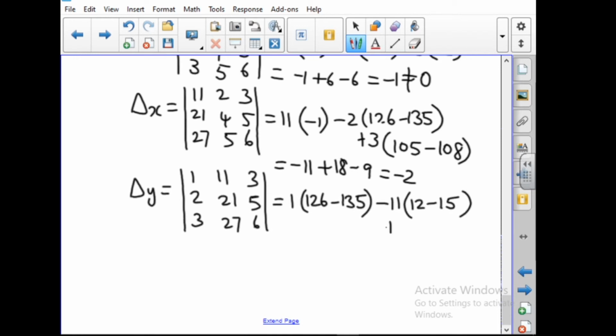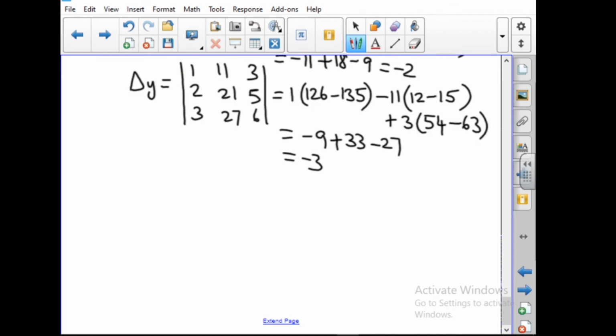Next, plus 3 into 54 minus 63. So your answer here is minus 9 plus 33 minus 27. Answer is minus 3. So we got delta y.